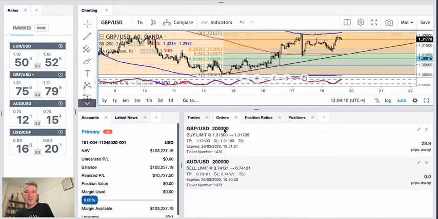When I say a single, I mean a single normal sized position. If I wanted to go to 3-to-1, then I'd have $300,000. If I wanted 4-to-1, $400,000. 5-to-1 would be 500, and that's the maximum I ever go, and only under fairly rare circumstances. But this is a normal one, normal position size.